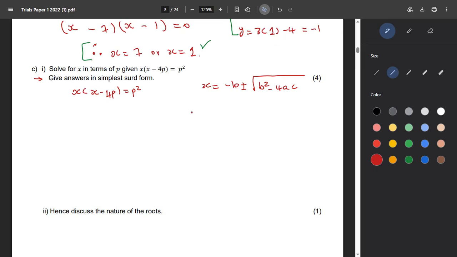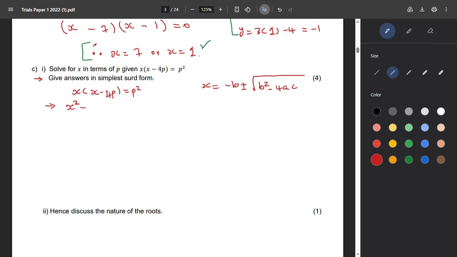So how can we use the quadratic formula? Make sure that you put this equation in the correct standard form. First, multiply out the bracket by that x. So this will be x squared minus x times 4p. I need you to check out how I'm going to write this variable.